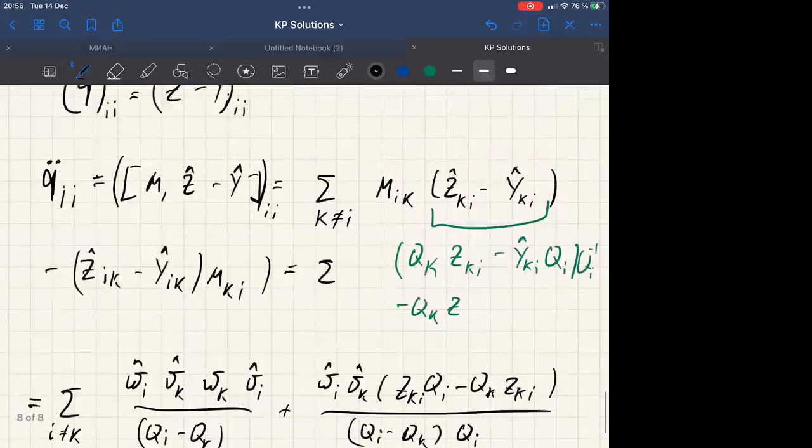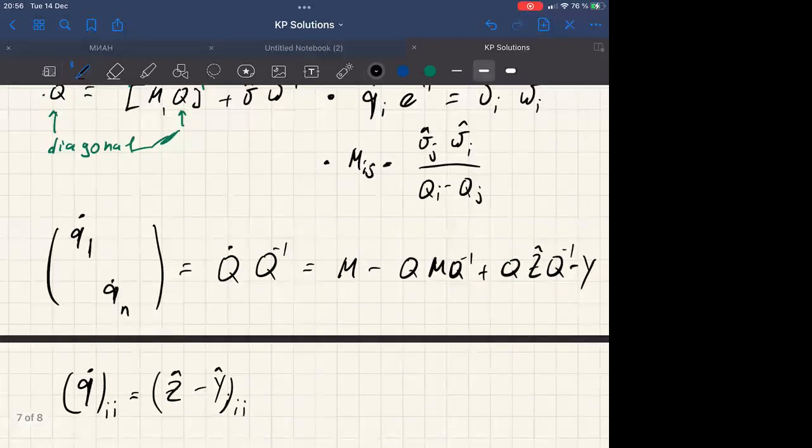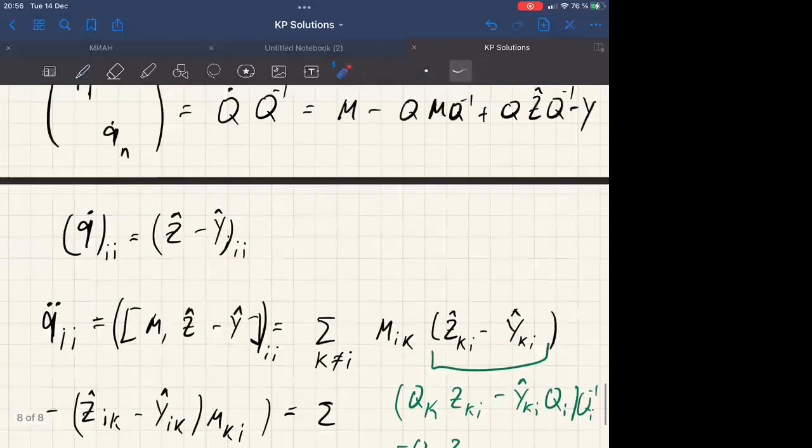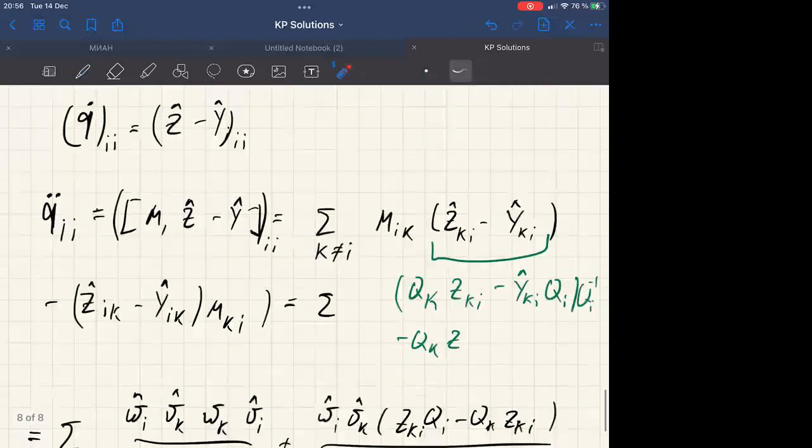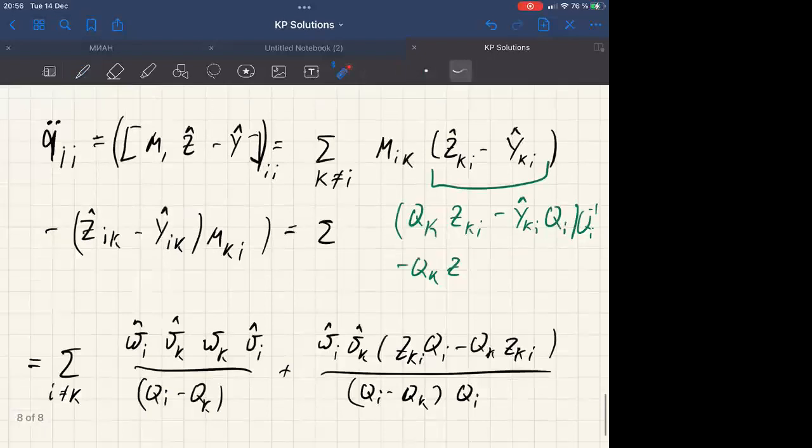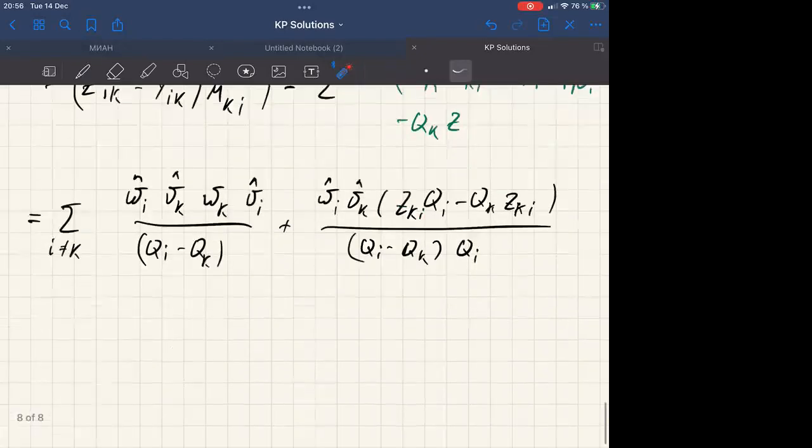What I did, I replaced m with this expression. Here I get this y minus k in the denominator, and I replace this one with this, expanded using the definition of hatted z and y.